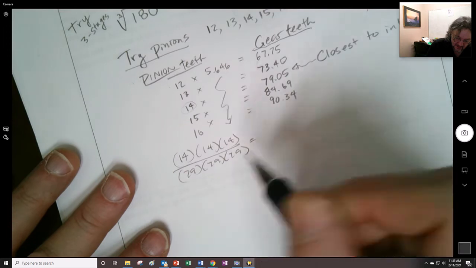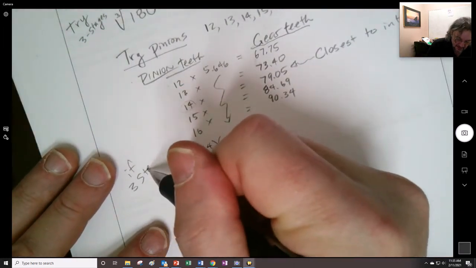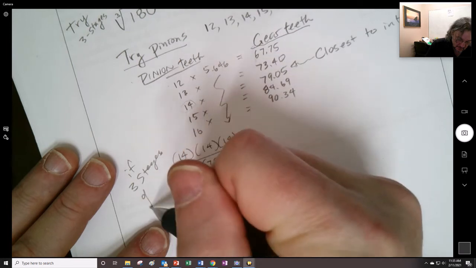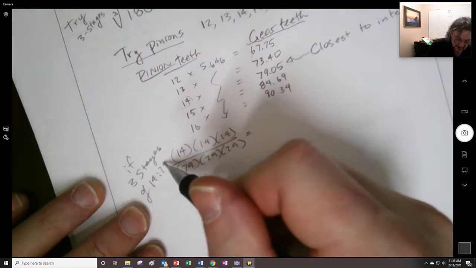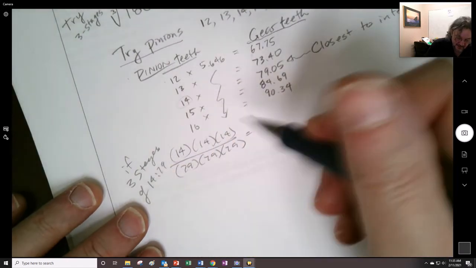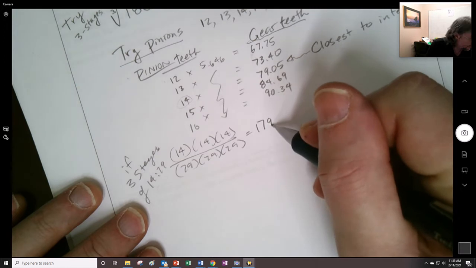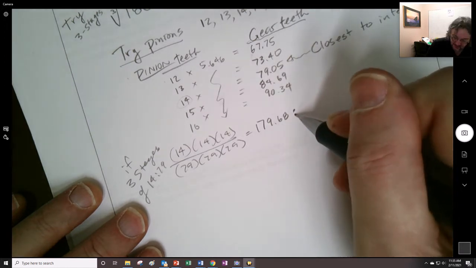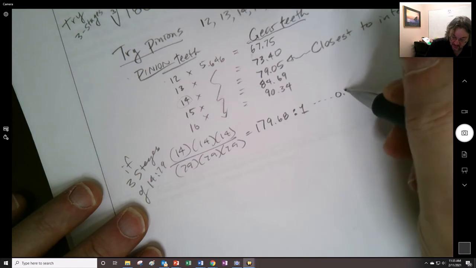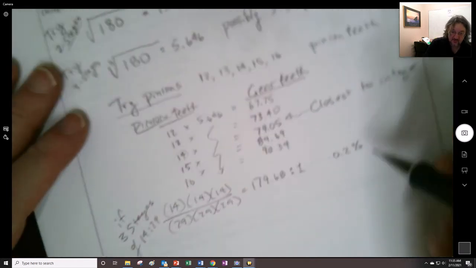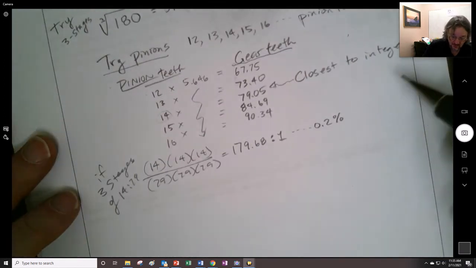If there were three stages of 14 and 79, not necessarily written that way, we would end up with 179.68 to 1, which is 0.2% off from the goal of 180 to 1.